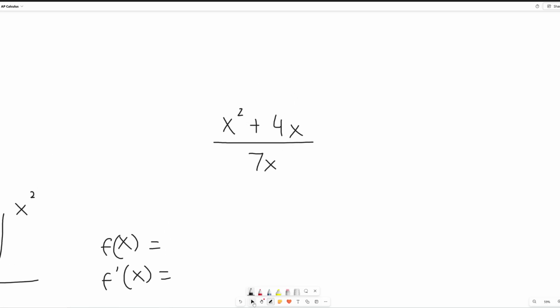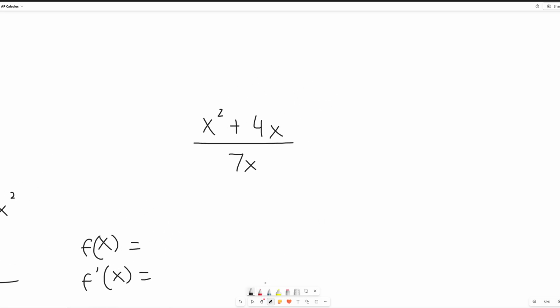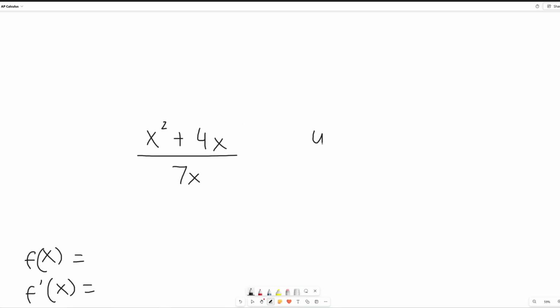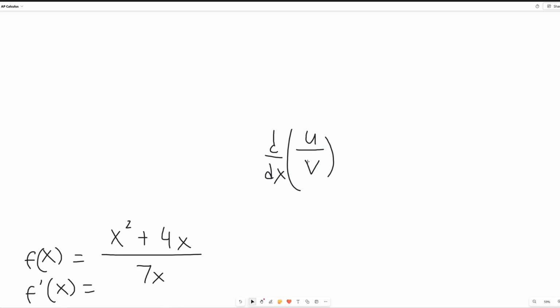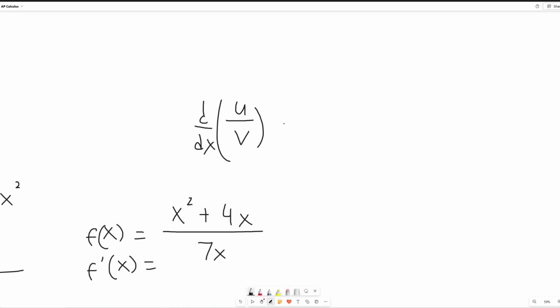So what is the quotient rule? Well, if you have a function, u over v, d over dx. And I'm going to move this down here just to be cleaner. It will be the derivative of u times v minus, this is very important, minus u times the derivative of v over v squared.